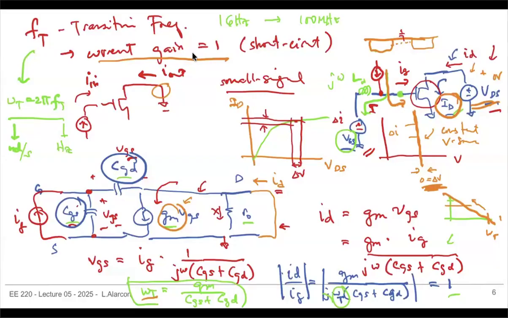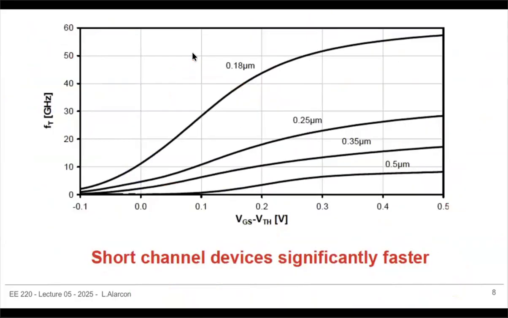Okay, so very quickly before the break, we can see that one of the reasons why we like to reduce the length of your transistor is because your transition frequency increases significantly. Right?